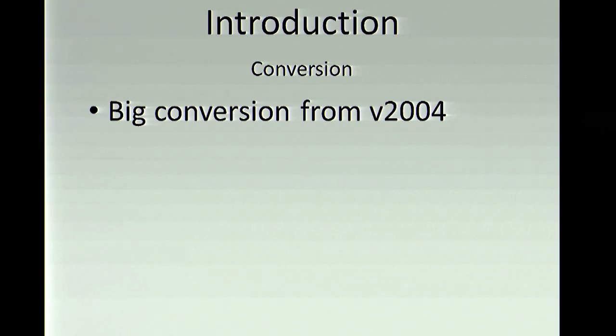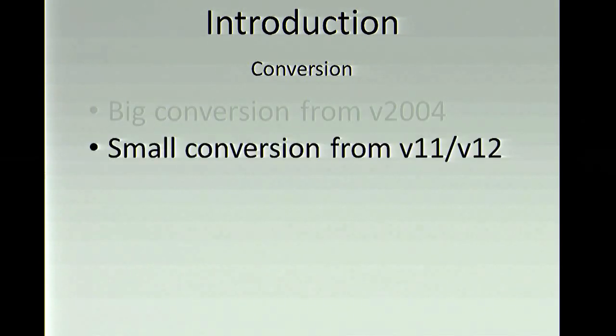A lot of reorganization inside the structure and inside the data file. If you do a conversion from v11 or v12 to v13, it's only a so-called small conversion because the rewriting has been done in v11, and v12 and v13 are already rewritten. Only a small conversion has to be made, like you maybe know from 6.7 to 6.8 or so.